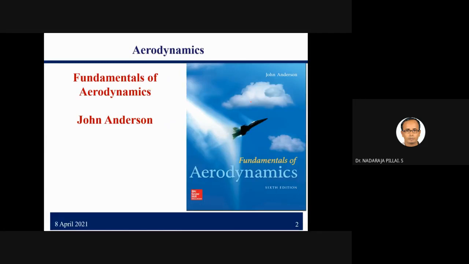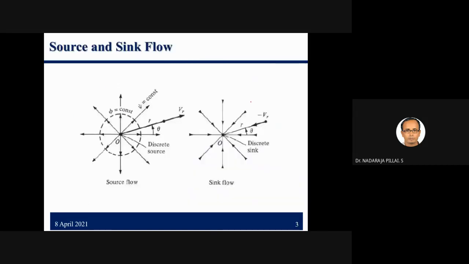I acknowledge John D. Anderson's Fundamentals of Aerodynamics. This is the text we are following. So this is the source flow.